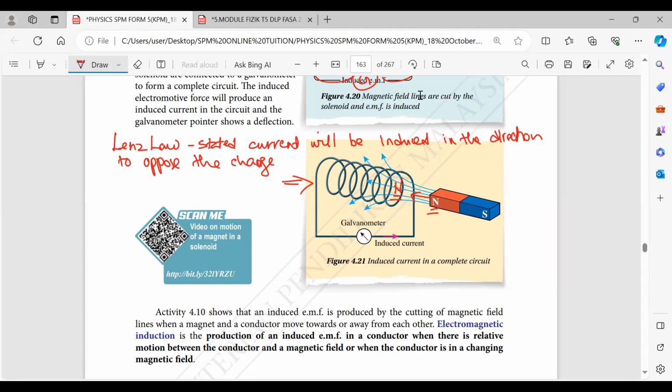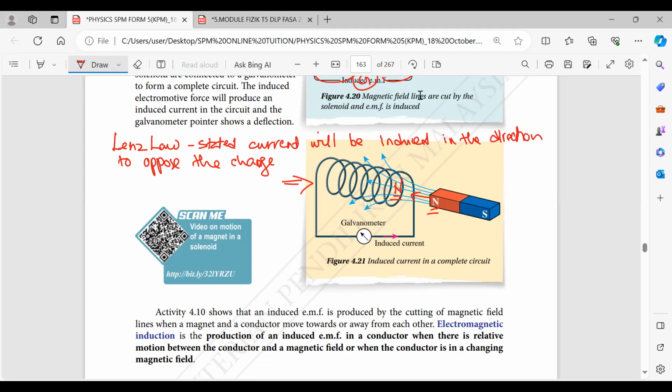If I'm trying to pull the magnet out of the solenoid, then the solenoid will try to attract the magnet. So it always tries to oppose the change. You understand that, Sharmila? If I'm trying to push the magnet in, the solenoid will try to push it away. If I'm trying to pull the magnet out, the solenoid will try to keep hold of, attract the magnet.